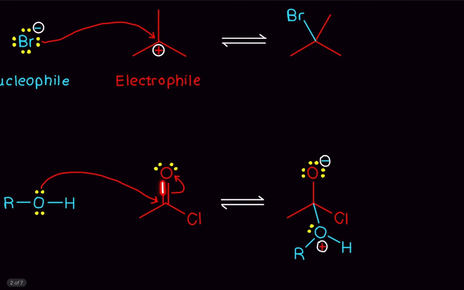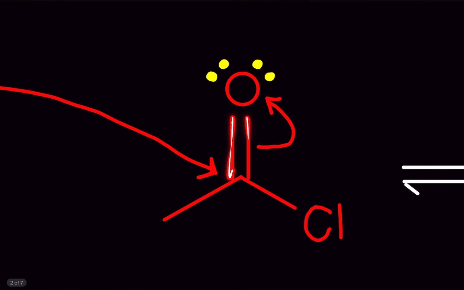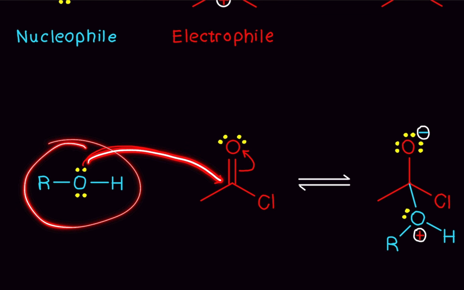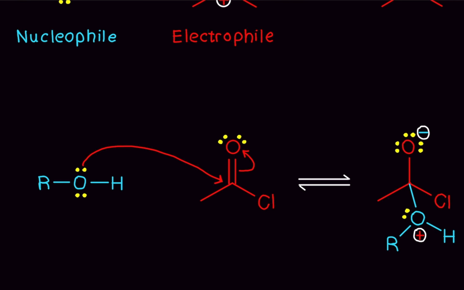So double bonds or bonds are basically invisible electrons. Each bond you see, every line you see is 2 electrons. Okay, so right here, this one bond is technically 2 electrons. So what we can actually do is this nucleophile will attack this carbon, but you'll notice there's a double bond here.